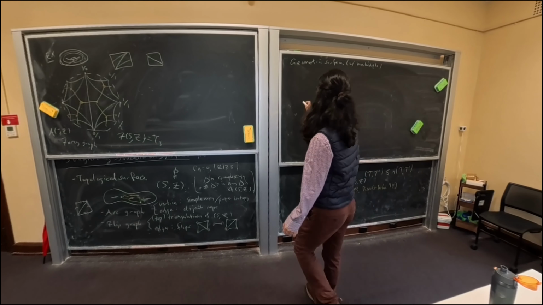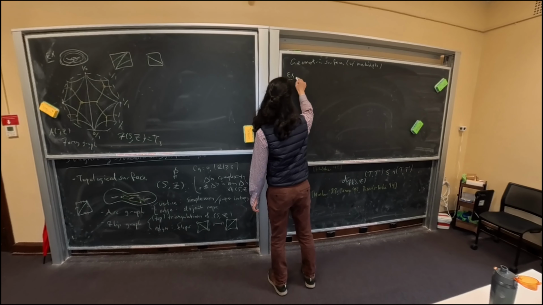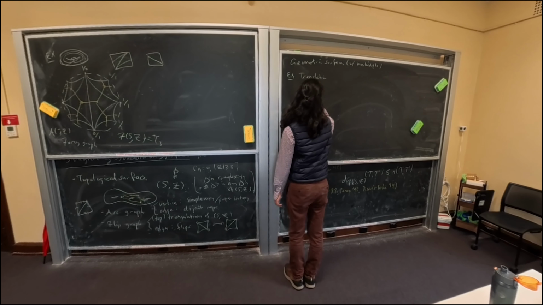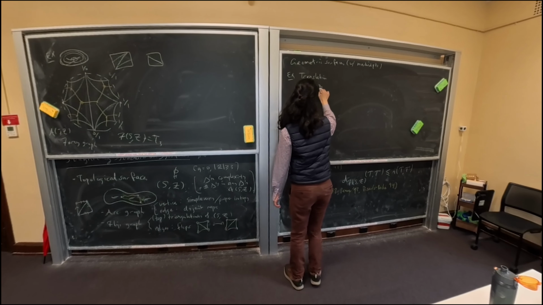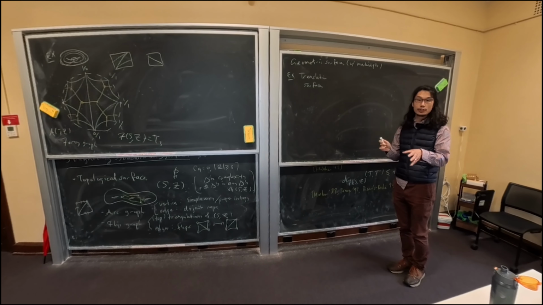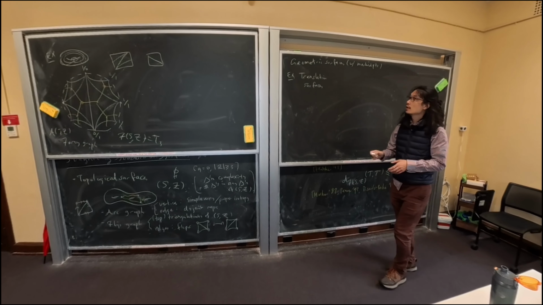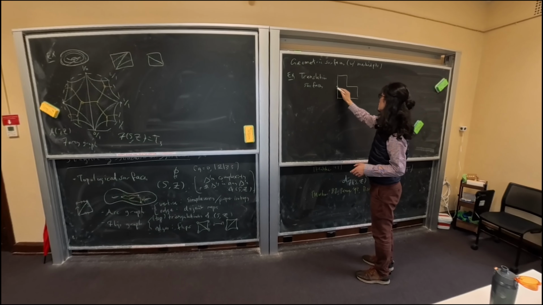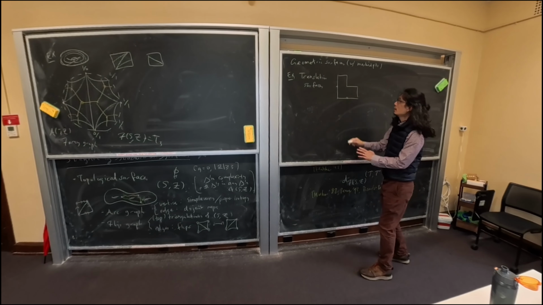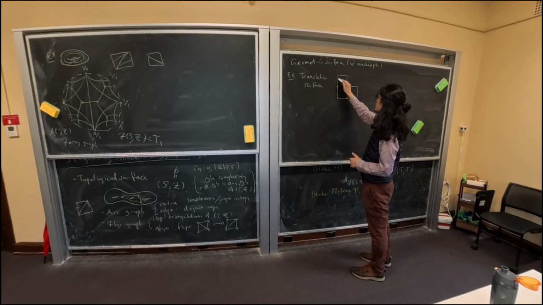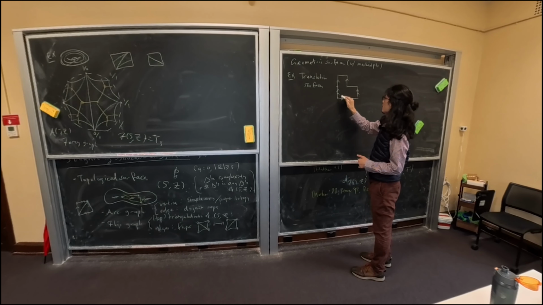Okay, so one class of examples are what's known as translation surfaces. Let me just draw an example. A translation surface is a type of Euclidean metric you can put on the surface where the transition maps are Euclidean translations. This is a very standard example. I can give you an L-shaped polygon on the plane, and I can glue these parallel sides, which are equal length and parallel, like so.